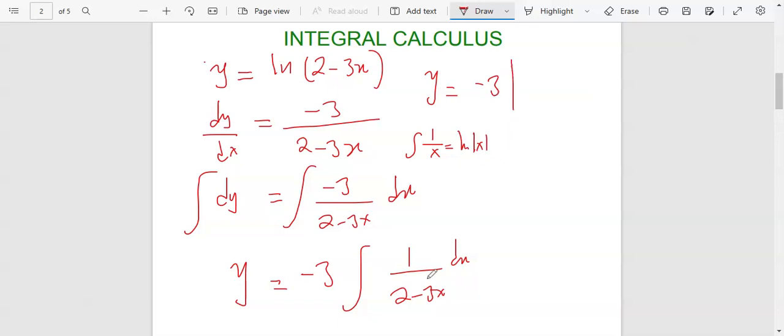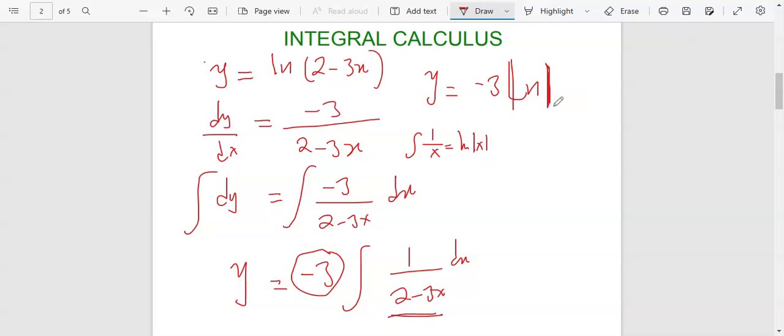So every time you integrate something in the form 1 over a linear function like this one, you just get natural log. So what I'm doing is I'll first write this negative 3 because it's a constant, and then I'm going to get natural log. Okay, and then I'll write absolute value. You write absolute value because you always want the answer to be positive.